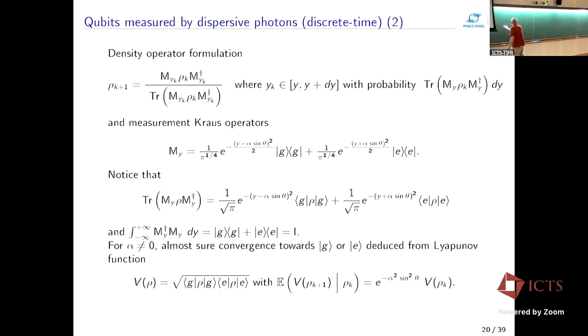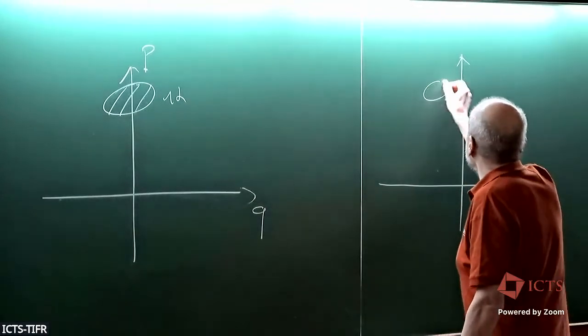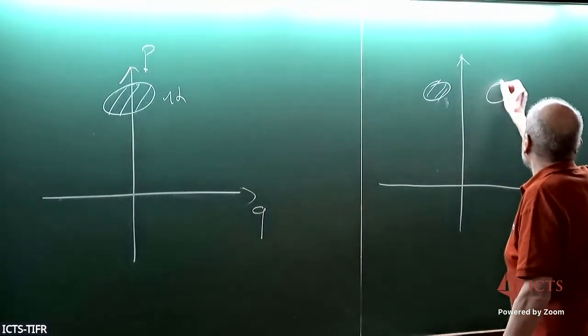So what you assume is that initially, in the QP plane, if you take the Wigner representation, you start for the photon with something here, it is E alpha. And then when you measure, you turn either on this side or on this side, so if you measure something, you obtain something like this.